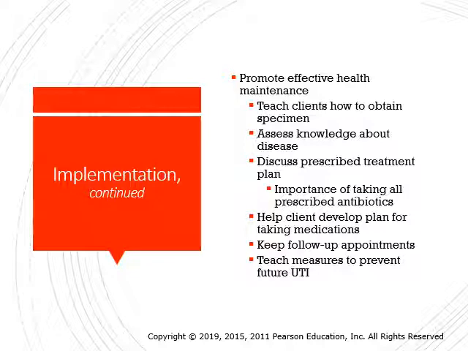Discuss the prescribed treatment plan, and this includes, as I mentioned, making sure that they understand that they need to take all of the antibiotics as they were prescribed for the full course. If patients need to develop a plan for taking medications, sometimes that's necessary. We need to make sure that the patient understands how to take the medications, when to take them.